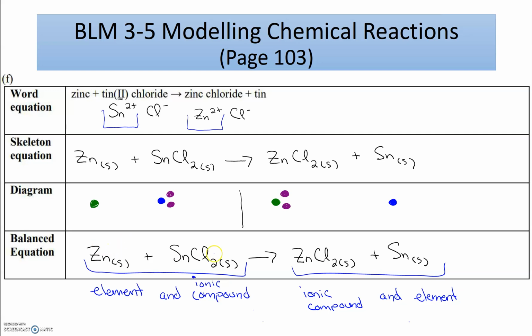Again, the zinc looks like it took the place of the tin inside our compound. So we've got our element swapping places with an ion in the compound.